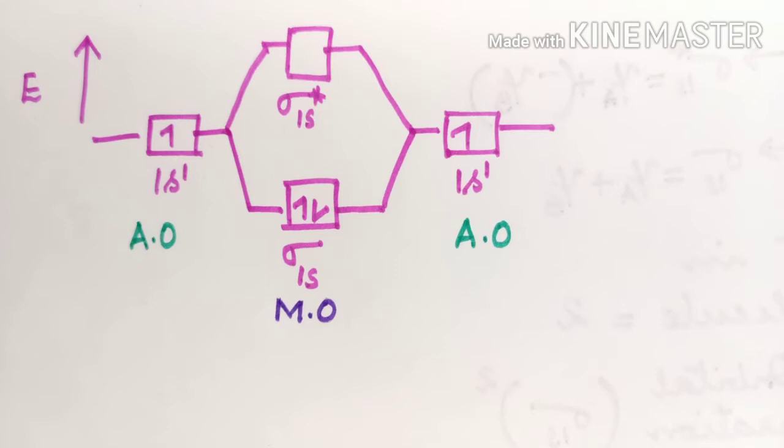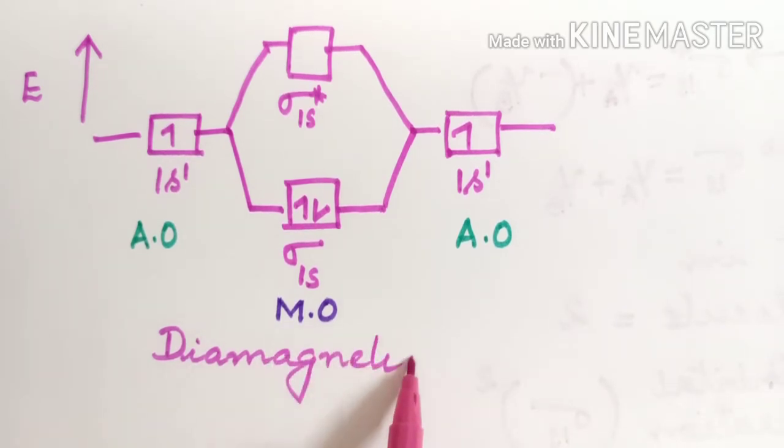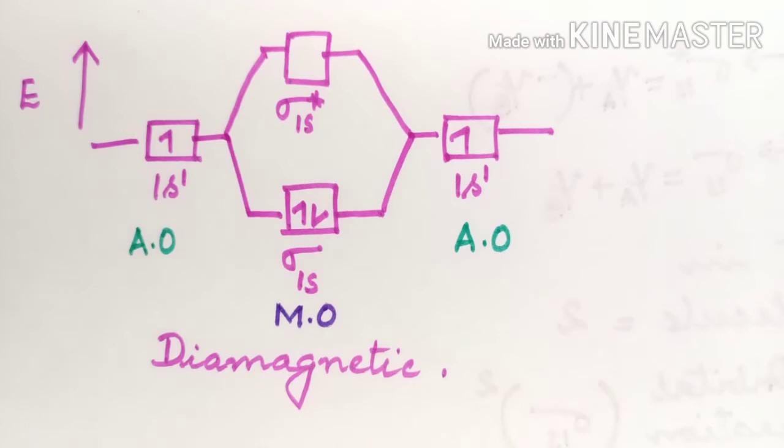If it is in the paired condition, you find that when a magnet is brought near the substance, it gets repelled away. That is, such substances which have only paired electrons in them, they have a tendency to repel away the magnet, and such substances are known as diamagnetic substance.